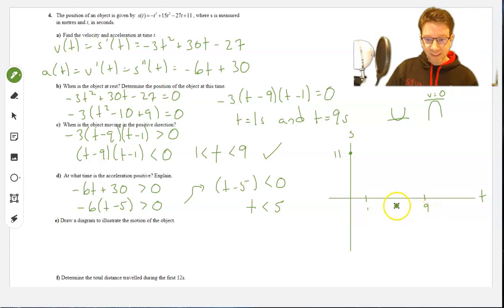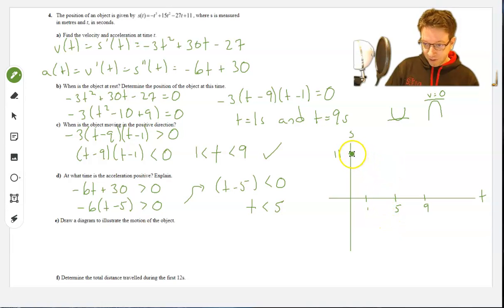Okay, so what else do we know? Well, we know in between 1 and 9, we're moving in the positive direction. And we know that the acceleration is going to be positive if time is less than 5. So we put a 5 here.